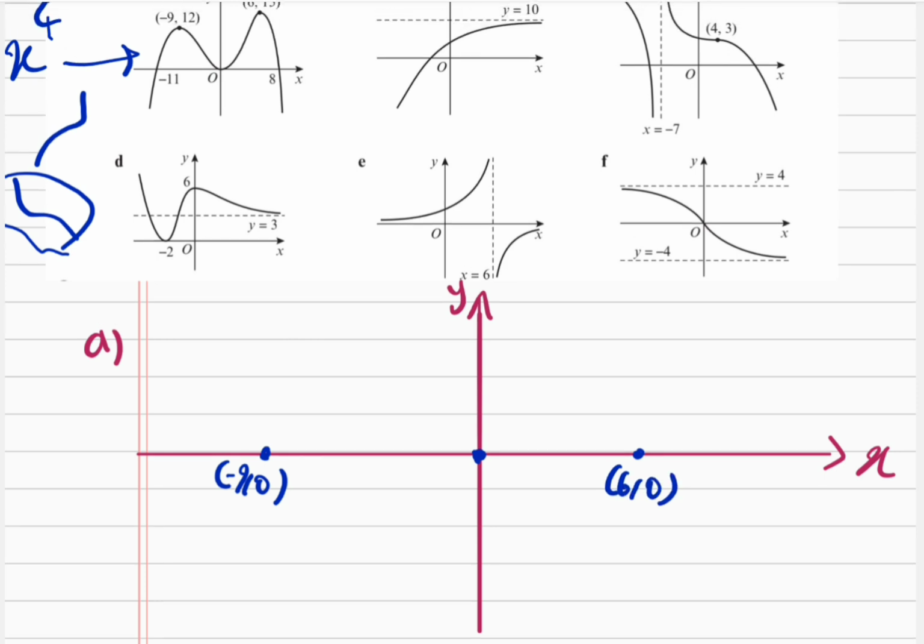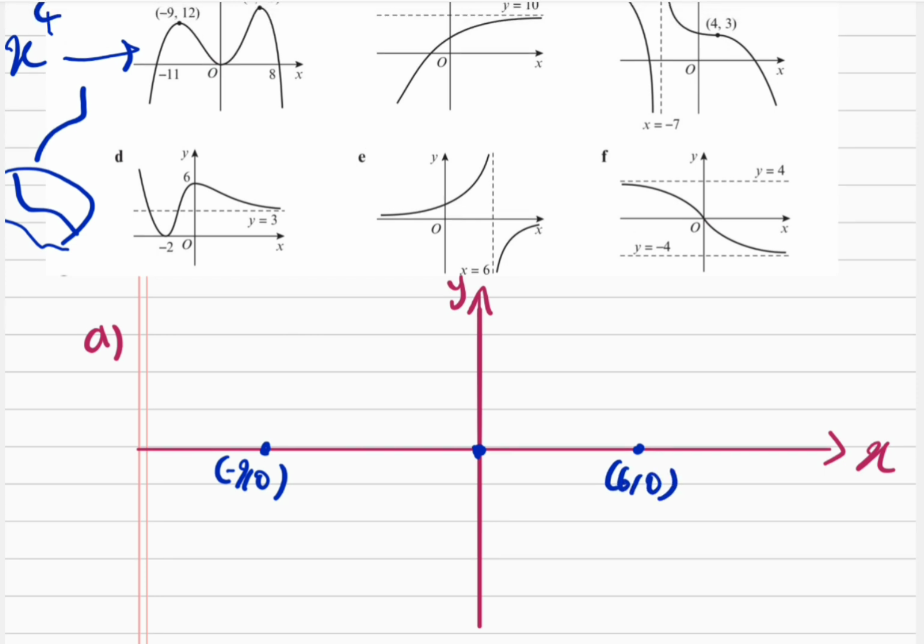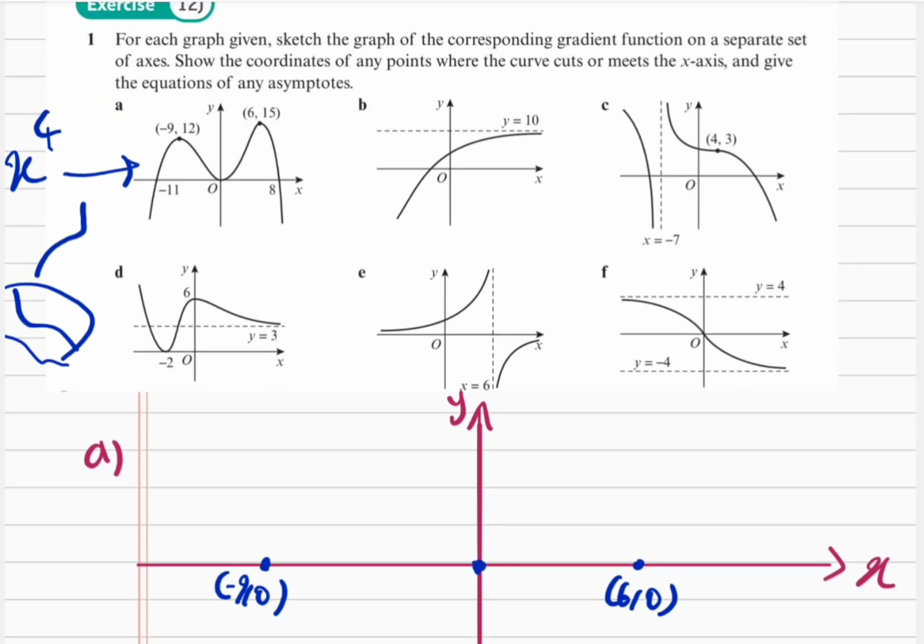So now we need to look at the behavior of the function at different points. For example, when x is less than minus 9, as you can see, the gradient is positive, because the curve is increasing as you get closer to minus 9.